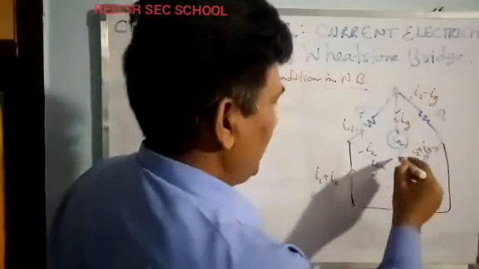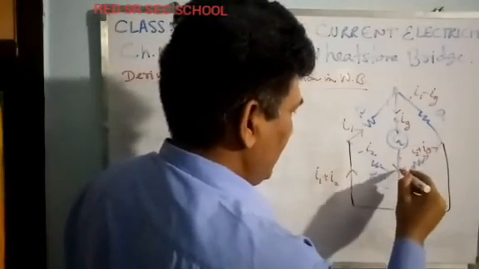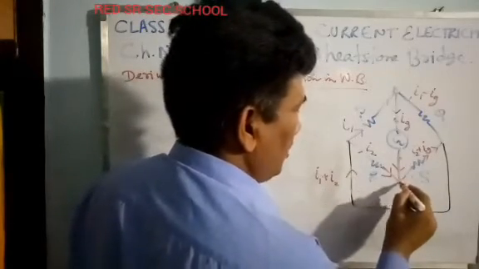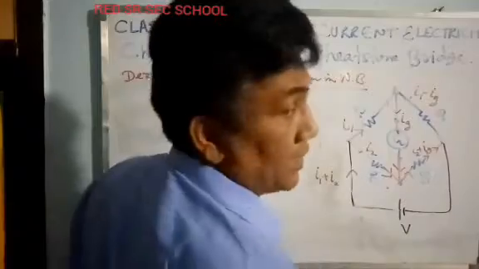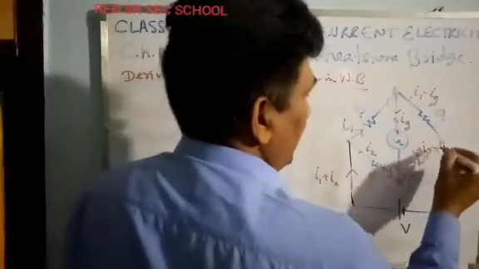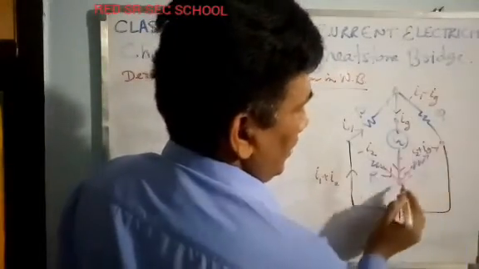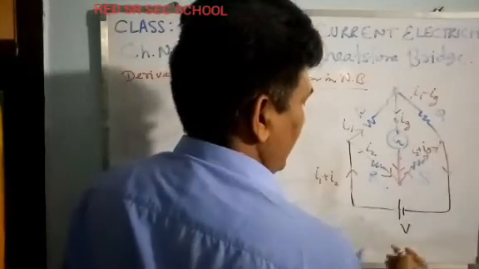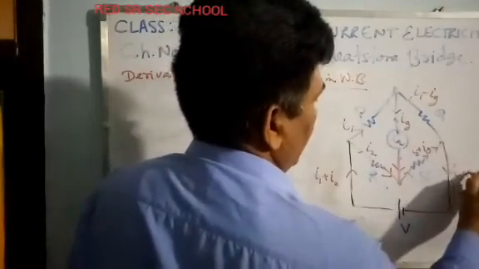I2 plus Ig must be going, right? Ig coming this way, I2 coming this way, both are meeting at this point, so the outgoing current must be I2 plus Ig. Now again at this point, I2 plus Ig going this way, I1 minus Ig coming this way, and if you add it, you will get again I1 plus I2.